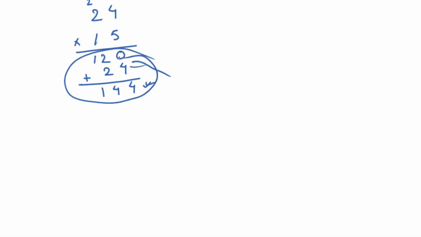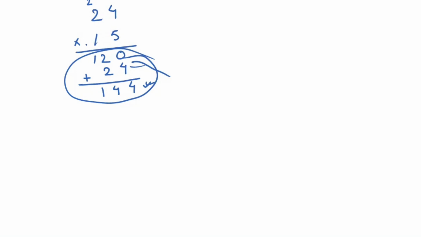Can anyone figure it out? What mistake did I make here? Just check carefully and let me know in the comments what mistake I made. See, here I told you we have to place a 0, because 1 is in the tens place.